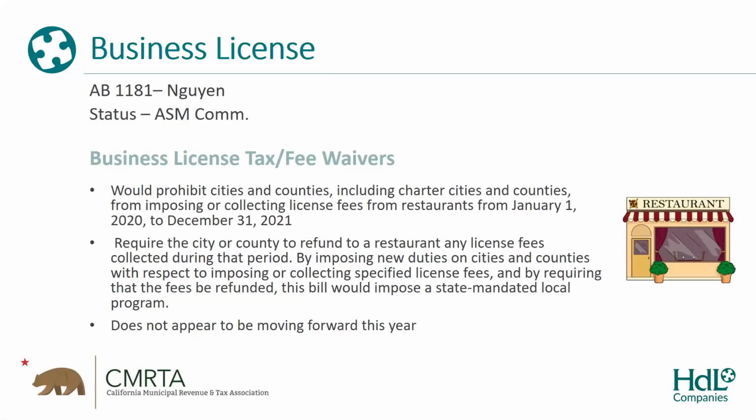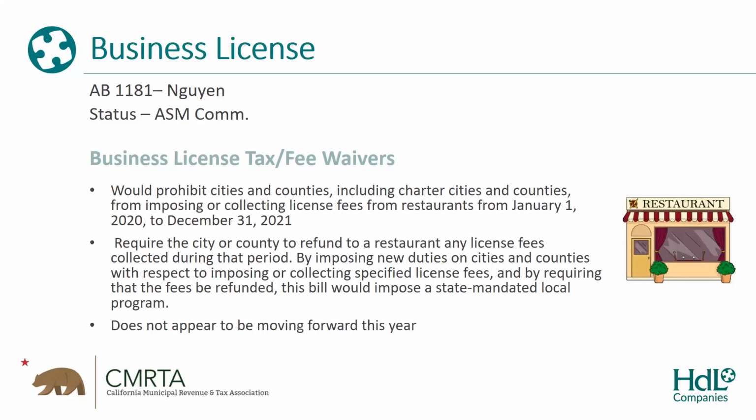So the first one is 1181, which would prohibit cities and counties, including charter cities and counties, from imposing license fees from restaurants from July 1 until December 2021. So essentially, this would say we can't collect business license fees for restaurants only, I mean, probably bars as well, for 2 years.